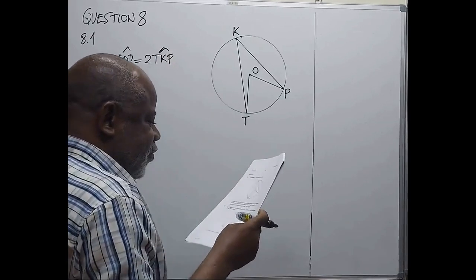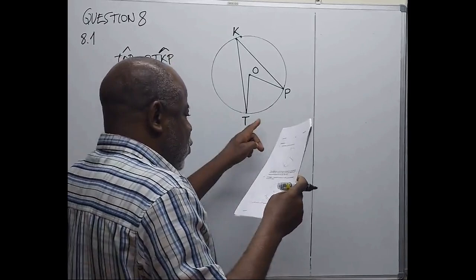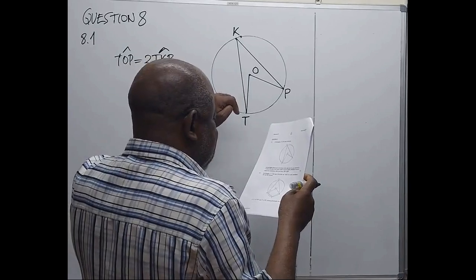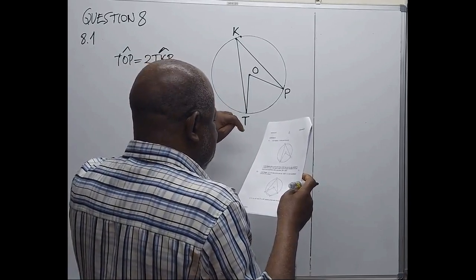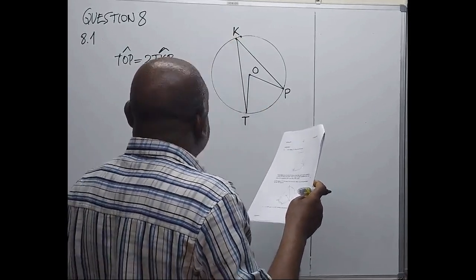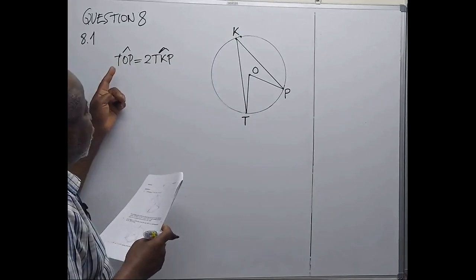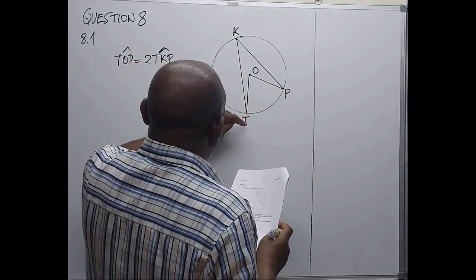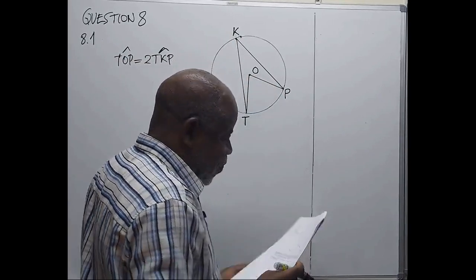So we just have to prove that TOP is equal to 2 times TKP.